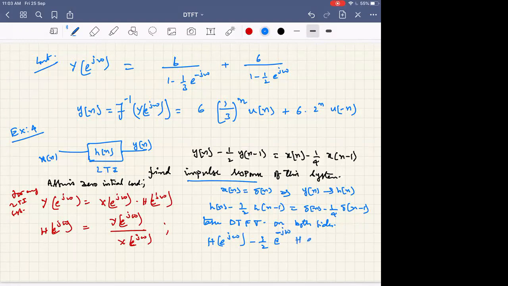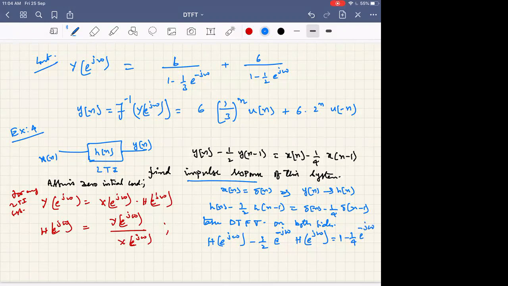So H of e power j omega minus 1 by 2 e to the power minus j omega H of e power j omega is equal to what this time? A delta of n. What is its discrete time Fourier transform? It is 1. Minus 1 by 4 delta of n minus 1, what is its Fourier transform? e raised to minus j omega.